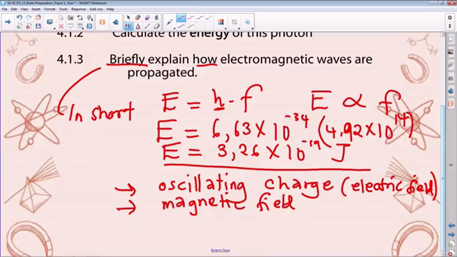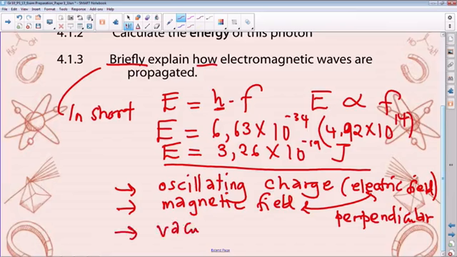Because an oscillating charge creates a magnetic as well as an electric field, these two are actually perpendicular to each other. Very, very important. Now, this can also be transmitted in a vacuum, that is in an empty space.